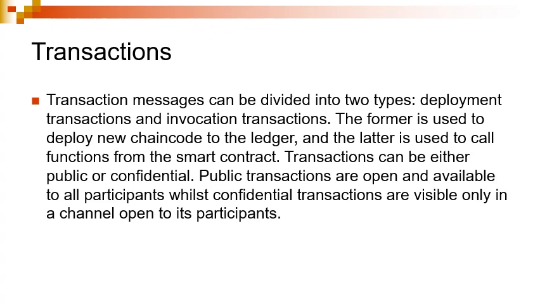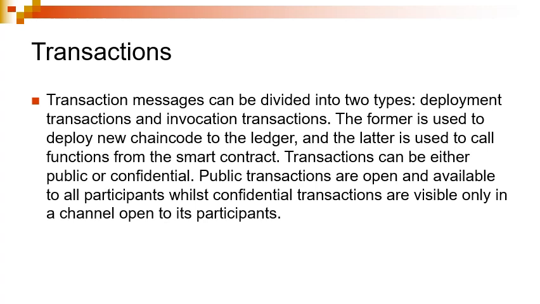Then transactions. Transaction messages can be divided into two types: deployment transactions and invocation transactions. So there are two types of messages for transaction processing. Deployment transaction is used to deploy new chain code to the ledger.